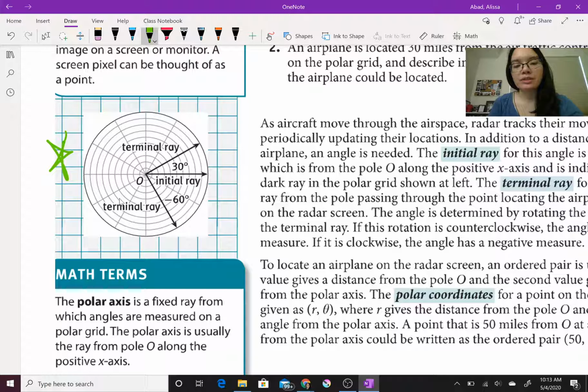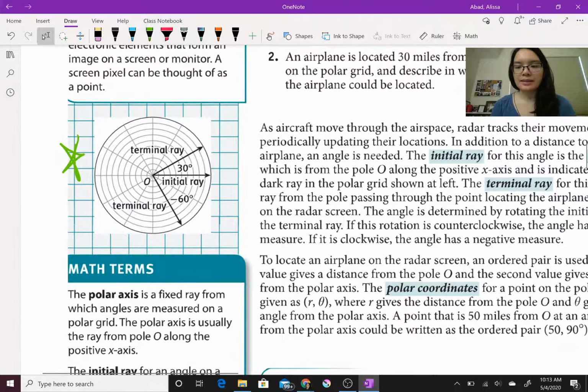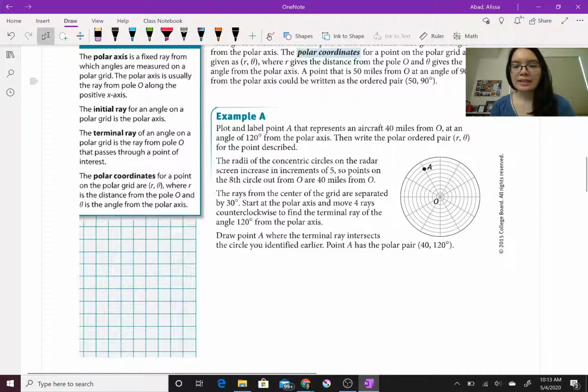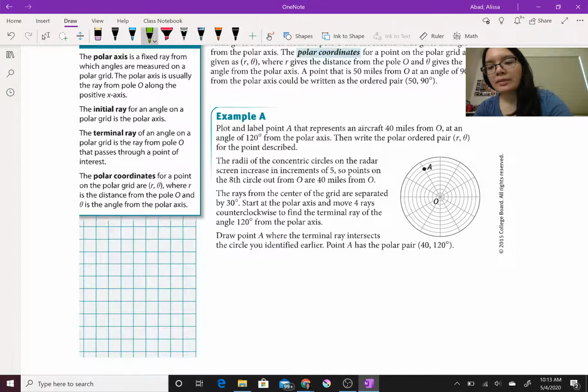It's just starting from 0 degrees at our x-axis. Okay, that's what we're used to seeing. So let's see this as a quick example. Say that you are locating this aircraft that's 40 miles away from O, the origin, at an angle of 120 degrees from the polar axis.